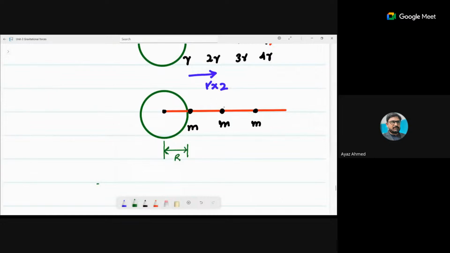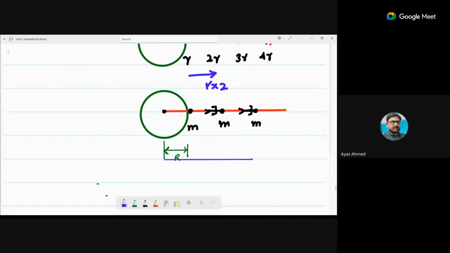Right? But when this object is over here, let's say an object is something like a person who is moving upward away from the surface of the earth, we are going toward the moon. So will you think that now, at a certain position, the distance will become significant from the center of the earth?